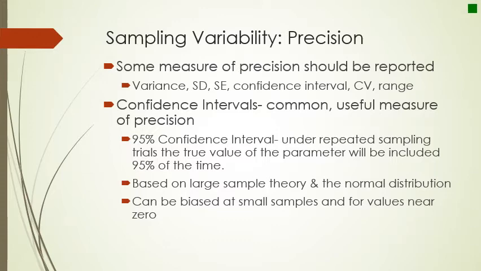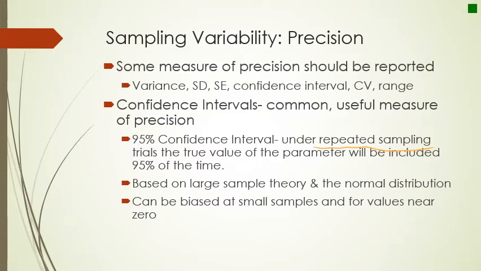And let's just talk a little bit about what we mean by a confidence interval. When we talk about a 95% confidence interval, we're saying that under repeated sampling, the true value of the parameter will be included within that 95% confidence interval 95% of the time.